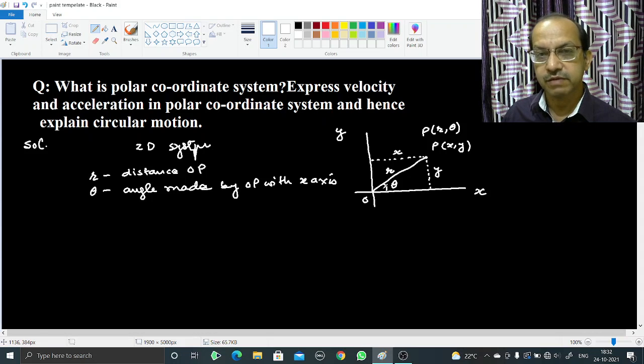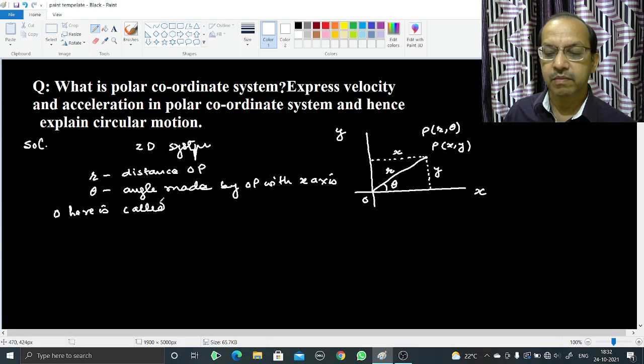So we will have some reference line, the angle is theta, and the distance is from the pole. This O is called the pole, and the system is called the polar system.